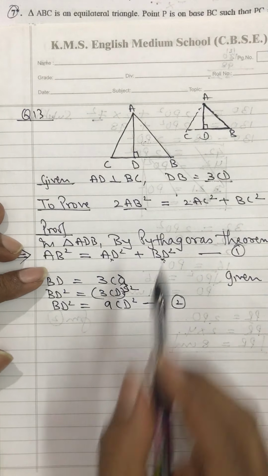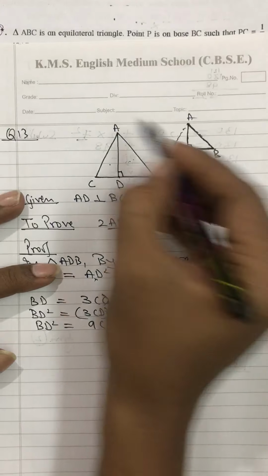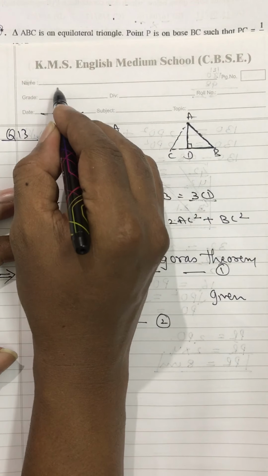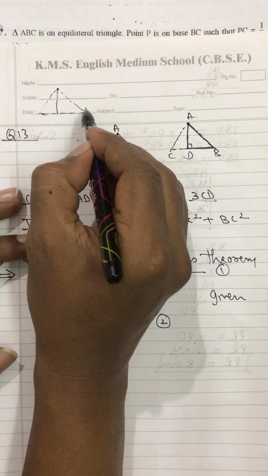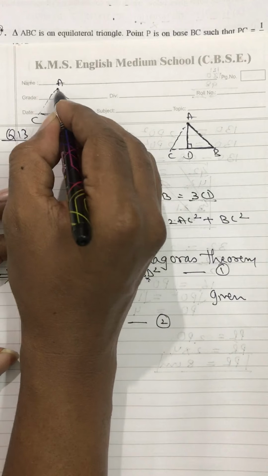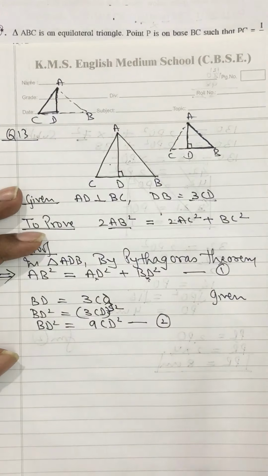Now I want for AD square. AD square I will get in this triangle. Fine. See, this is A, this is B, this is C, this is D. In this triangle, if I apply Pythagoras theorem, I will get an expression for AD square.